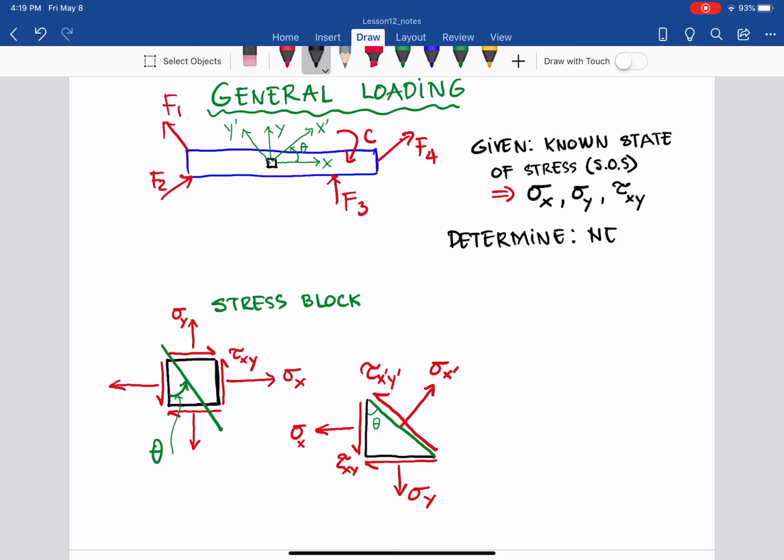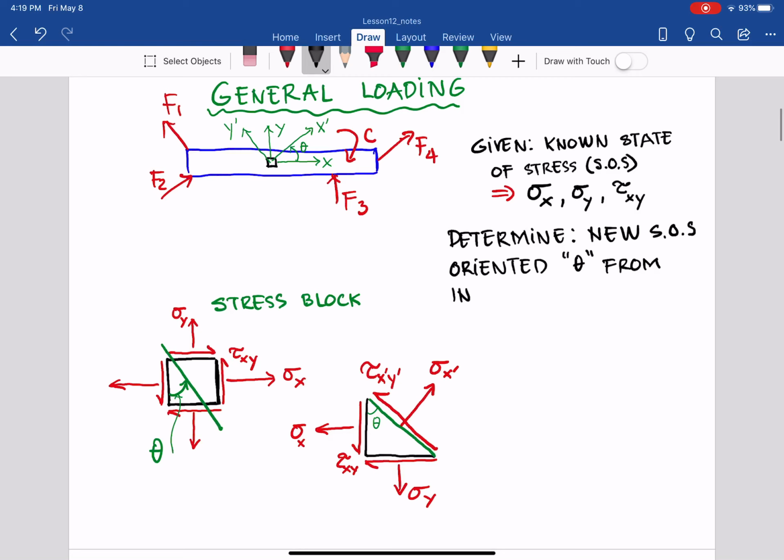So with that, for the stress transformation, we want to determine the new state of stress, oriented at an angle theta from the initial coordinate system, which is x and y. So what does that mean?